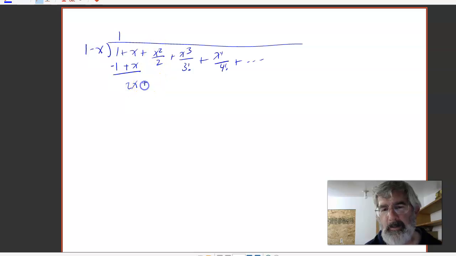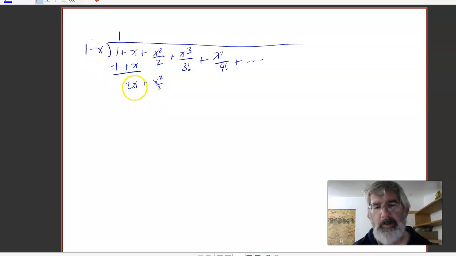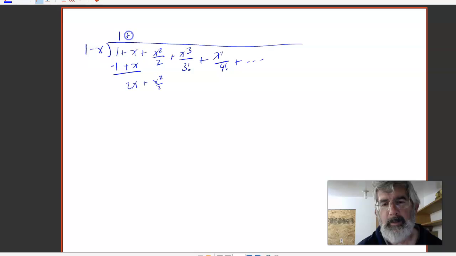Bring down the next term, x squared over 2. And now I say 1 times what is equal to 2x? Well, it's multiplied by 2x. And then take this 2x times everything there, so that's 2x minus 2x squared. And subtract. Change the signs and add. Those go away, and I've got 2 plus a half times x squared.